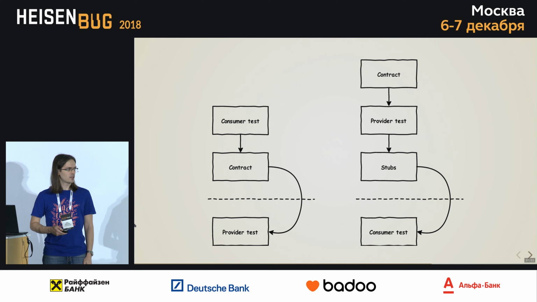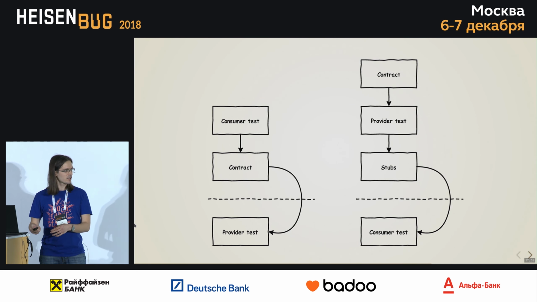You also do most of the work to set it up. You choose the library, connect it to your build. So the consumer side just needs to run those tests. They don't need to spend too much time working with it. So it may be an advantage if they are not interested in contract tests, but you are more.